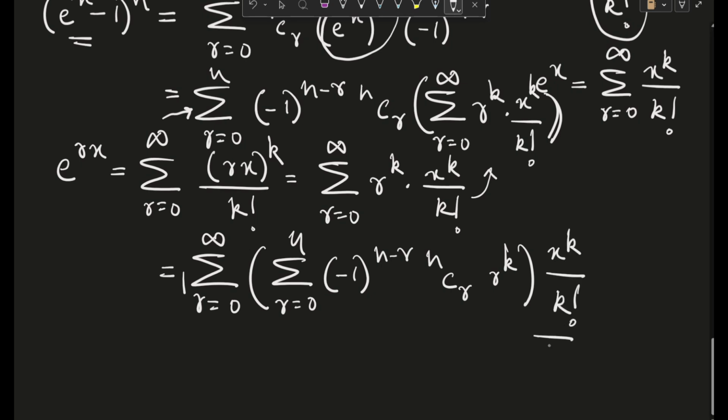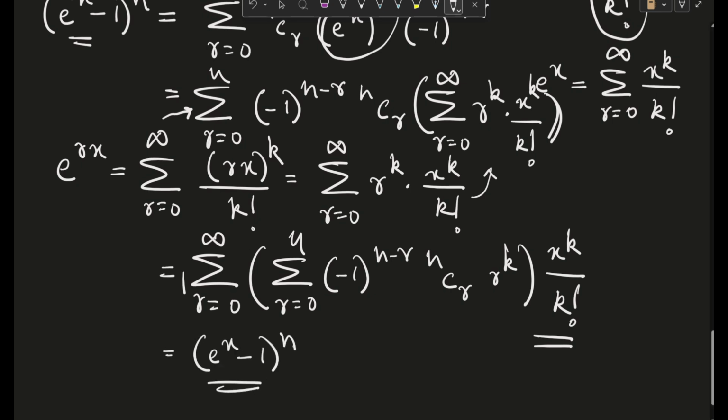As I mentioned in the beginning of our question, x power k by k factorial is something really beneficial to us. Now, if you observe properly, this expansion was equal to our e power x minus 1 whole power n, right?